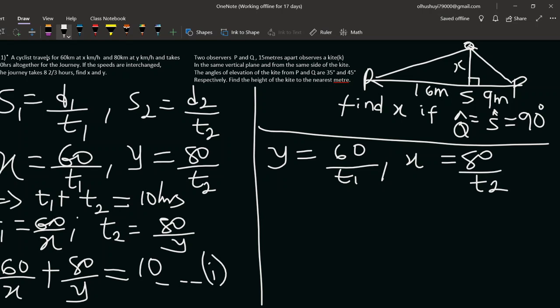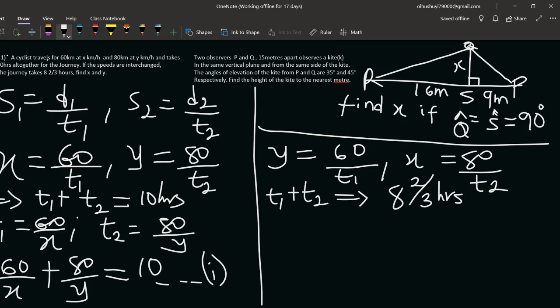So what does that imply? t1 plus t2, we've been told, is equal to 8 2/3 hours.